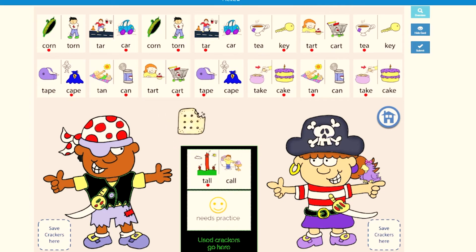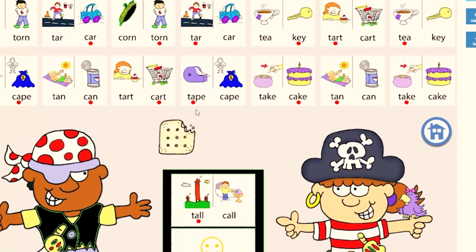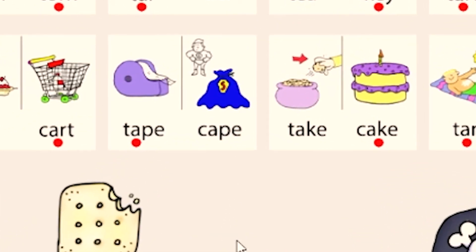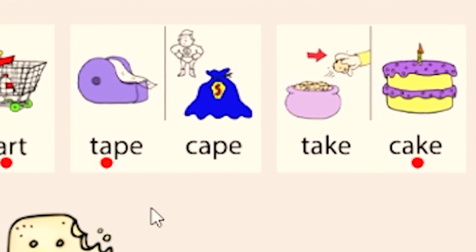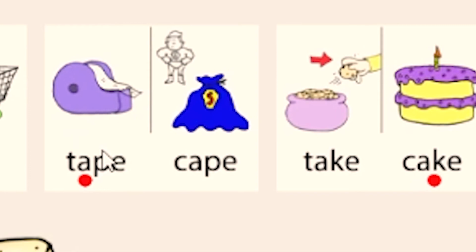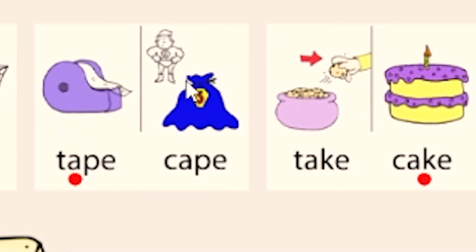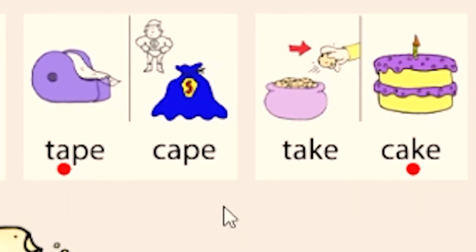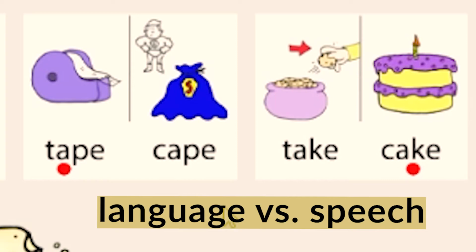The reason this is so important is that these words are exactly the same except for the first letter. But as both you and I know, this first letter makes all the difference in what the word means. So if your child is saying tape to represent the sticky office supply, as well as the type of clothing that superheroes wear, then that would make it a language deficit more than an articulation deficit.